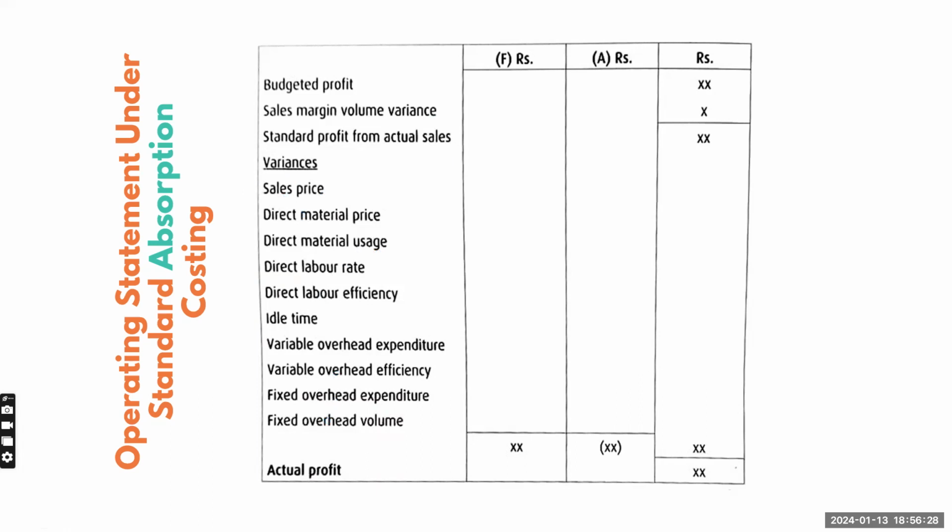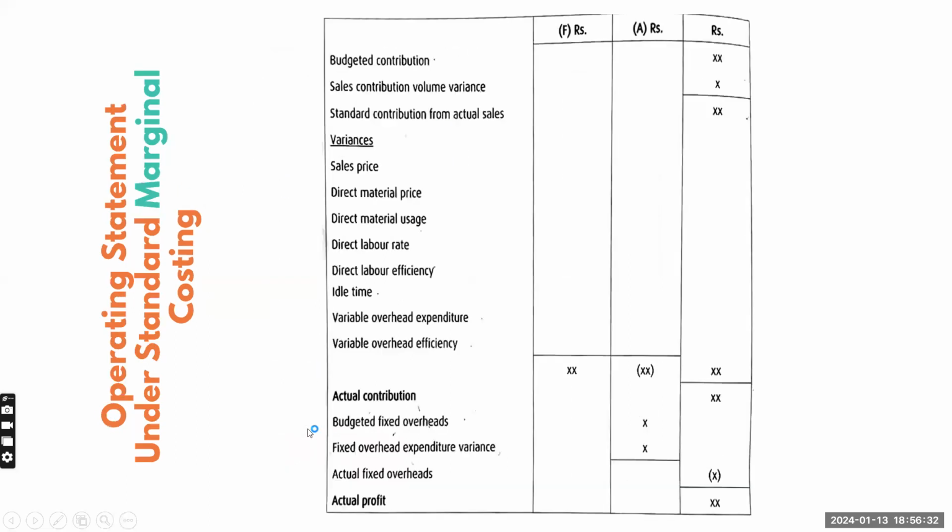Okay, and see fixed overheads. But how do we prepare it under marginal costing? You start with budgeted contribution, because in marginal costing we have a line item called contribution. So from budgeted contribution to actual contribution and from actual contribution to actual profits. Okay. So see, from budgeted contribution you take the sales contribution volume variance.